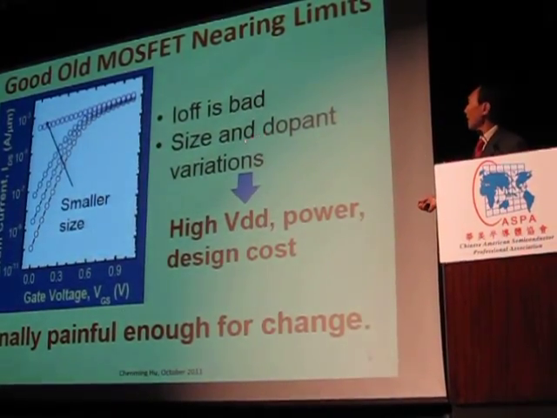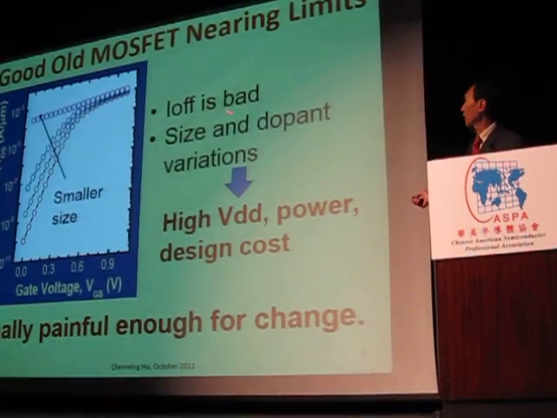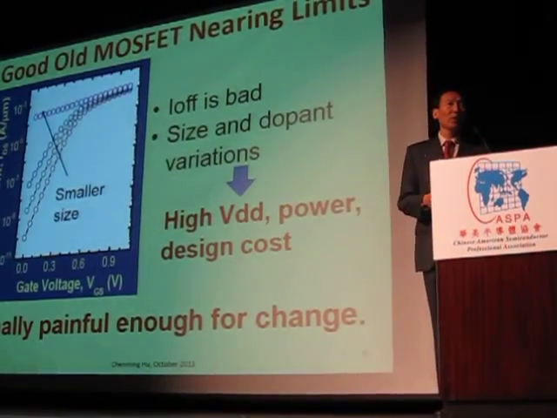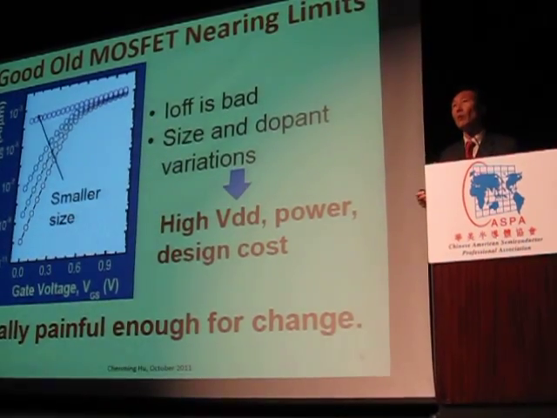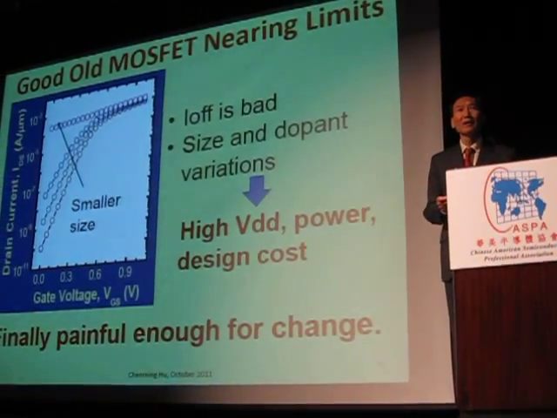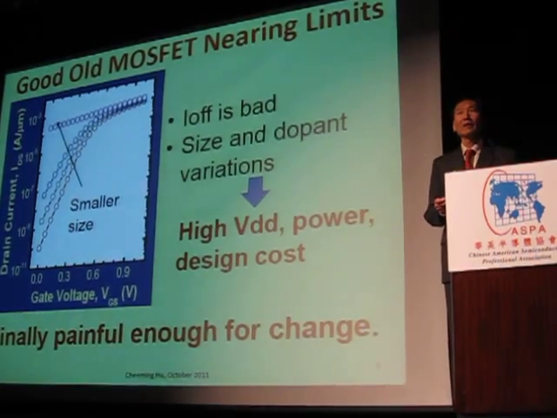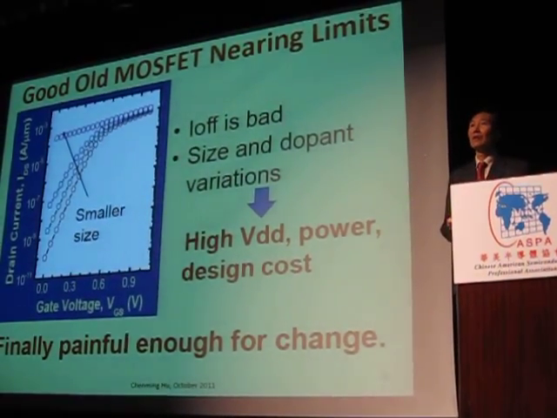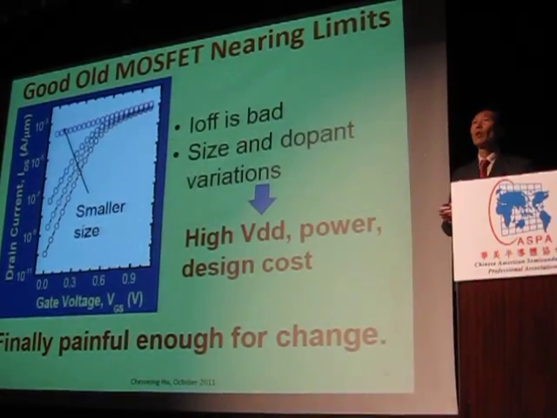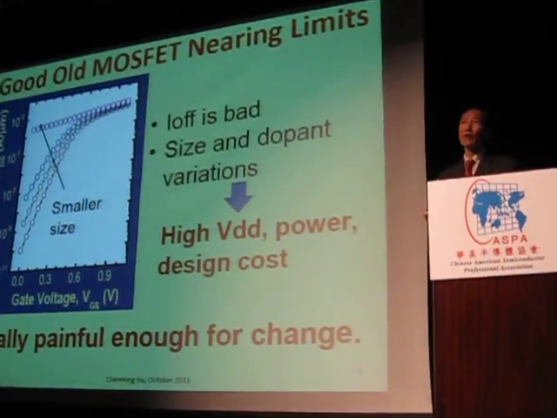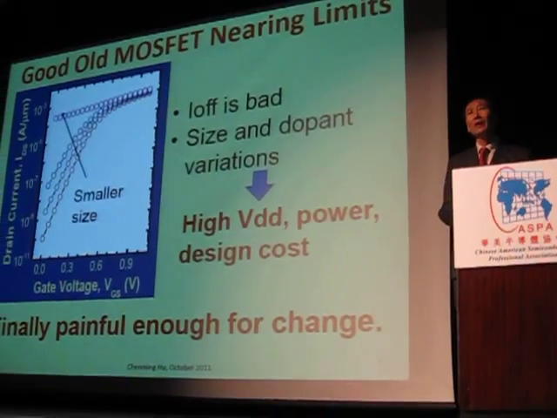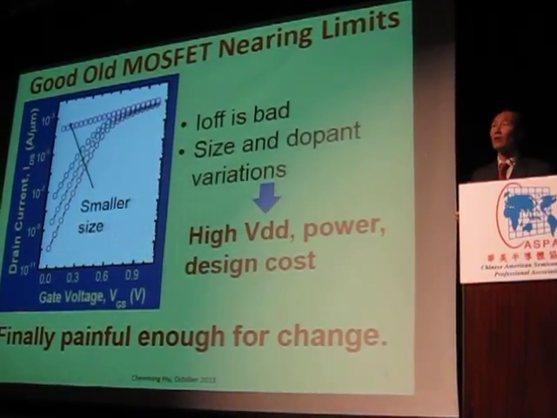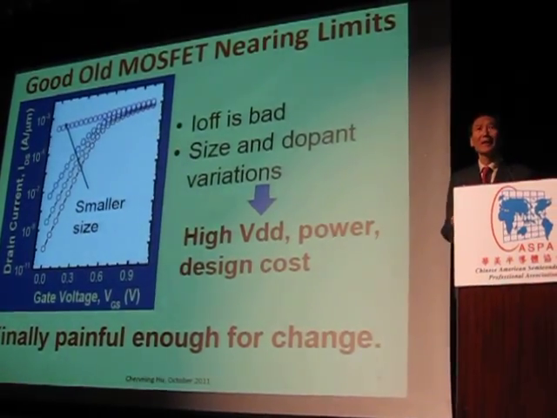Another reason that the device variation is large is called the dopant variation. We put dopant into the semiconductor in different ways, but no matter how we do this, the actual number of dopants in a small transistor is not the same from one to the other. The reason is that in a very small transistor, there are only 20, 30, maybe even 10 dopants that determine its characteristics.